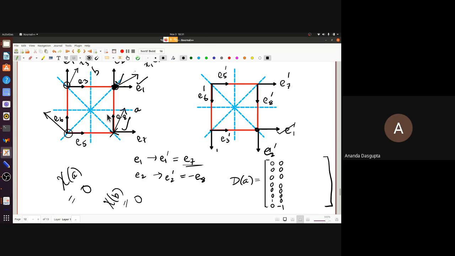Let's stop talking about the reflections now. Let's talk about the rotations. A 90-degree rotation. What happens under a 90-degree rotation? This atom goes here, this one goes here, this one goes here, right? So once again, all the atoms are moving from their position.